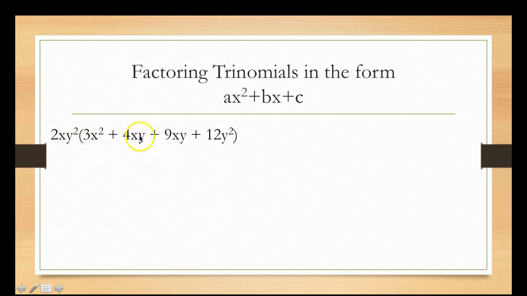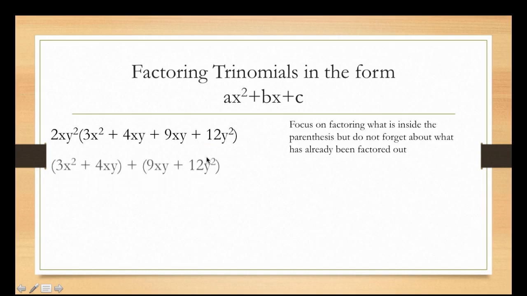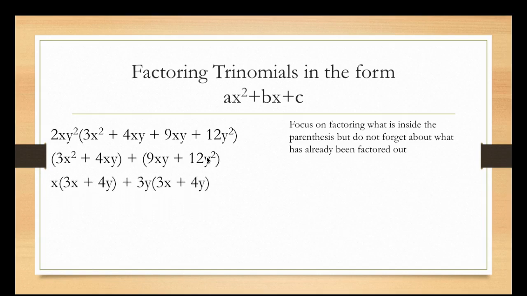Group the first 2 terms together, and then group the second 2 terms together. So I factored out an x from each one of these terms, and I factored out a 3y from each one of these terms, and then what's inside the parentheses are the same. I know I'm on the right track. One of my factors, 3x plus 4y, the other factor, x plus 3y.